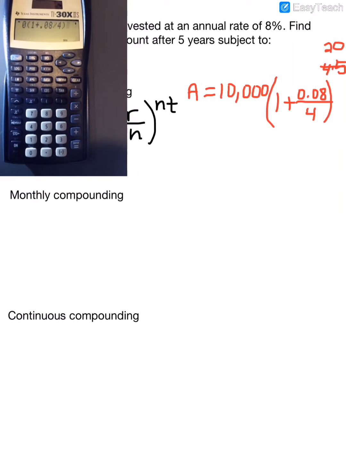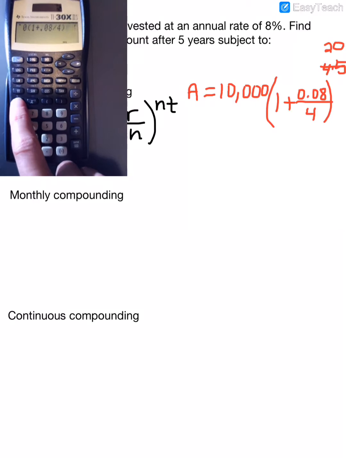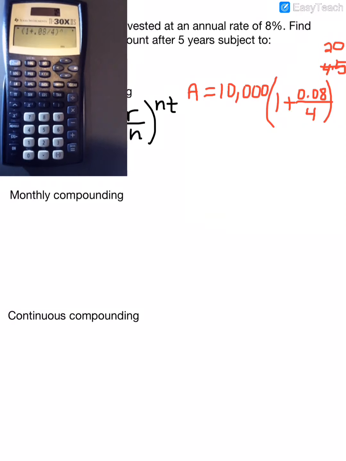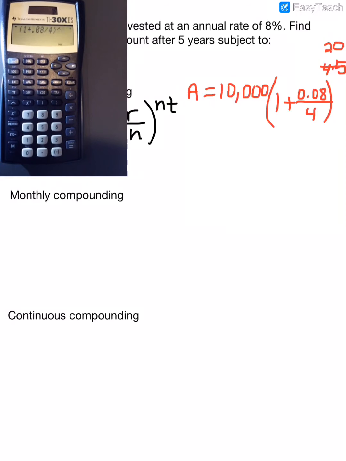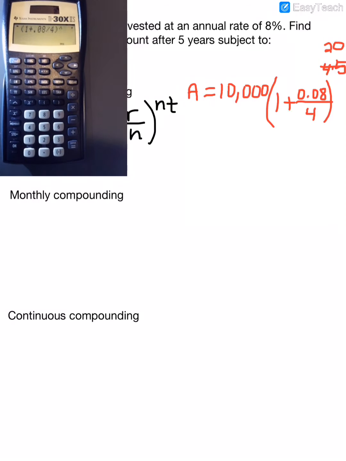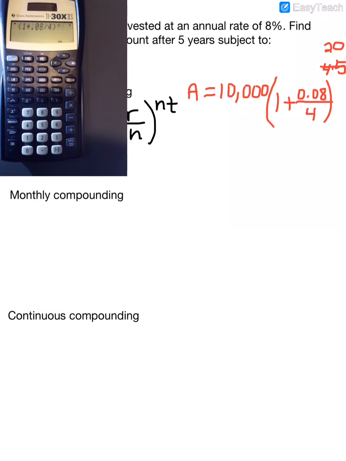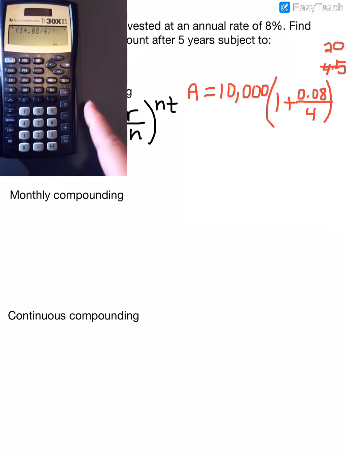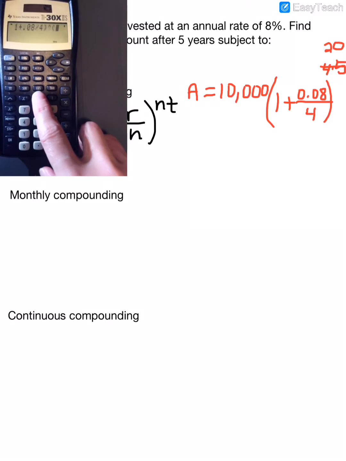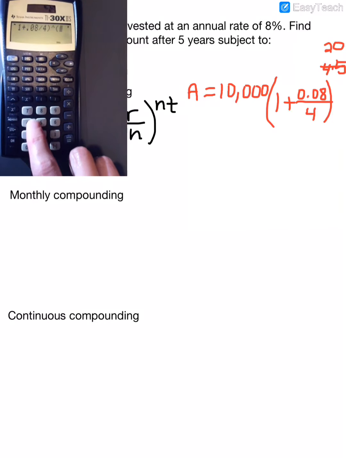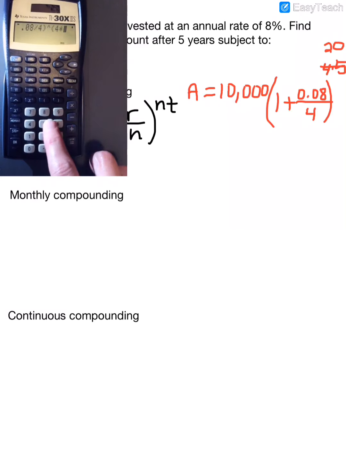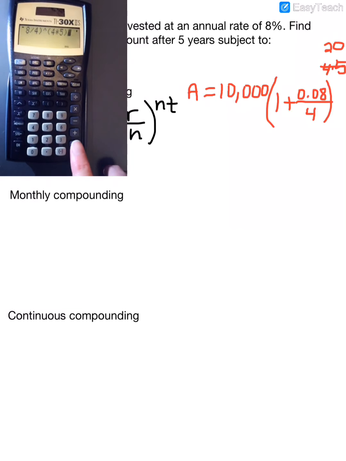And then remember, the way that we raise something to a power in this calculator is we use the caret key. But if I put in 2 separate numbers like 4 times 5, I need to put that in parentheses just so my calculator doesn't raise it to the 4th power and then multiply the whole thing times 5. So you can either raise it to the 20th power, or if you're going to put in 2 separate numbers, put it in parentheses, 4 times 5, and then close your parenthesis.